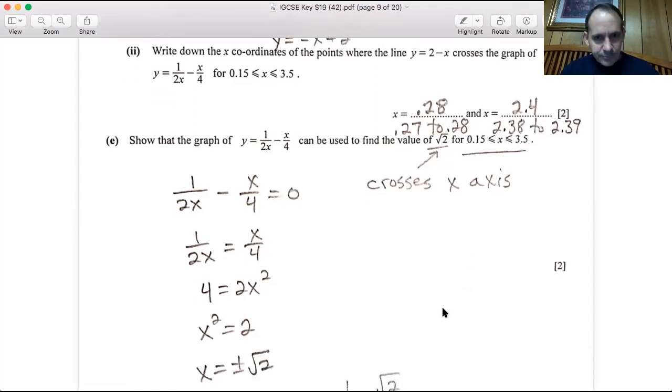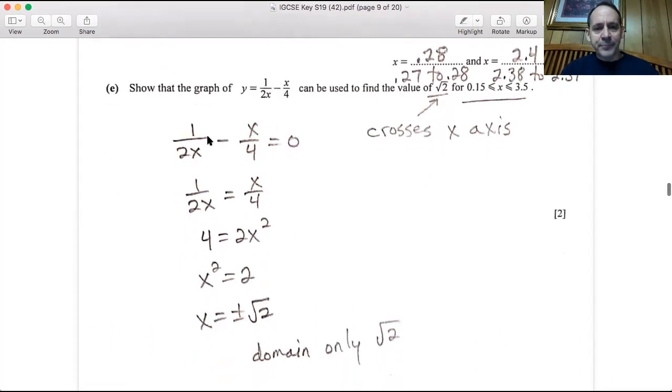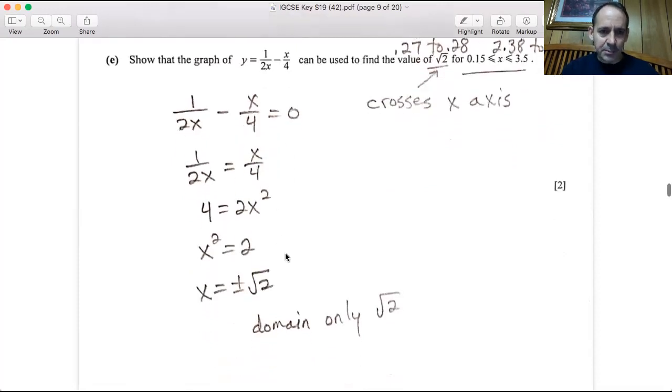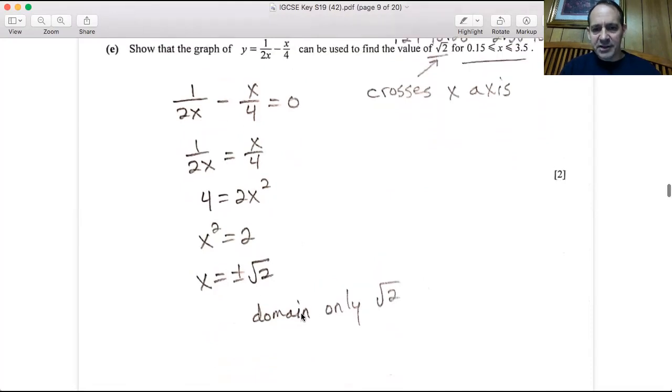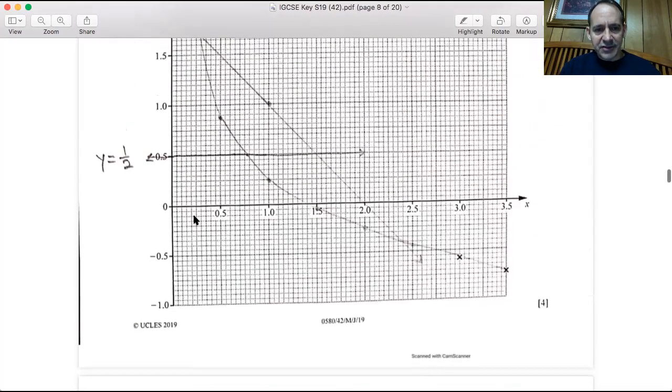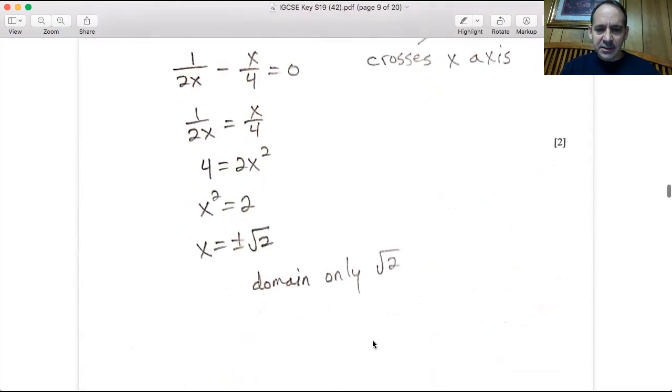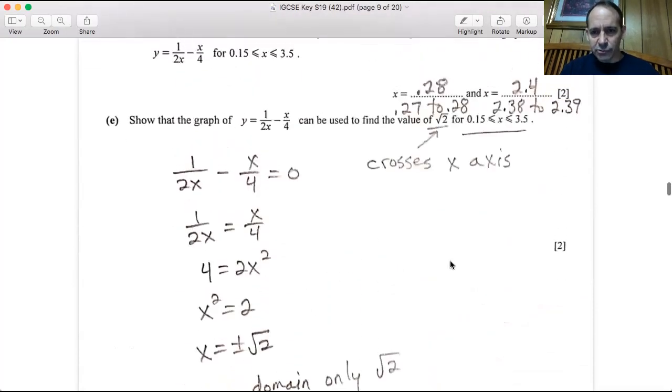But if you solve where this crosses the x-axis, meaning you solve where it's equal to 0, and you add the x over 4 to the other side, you cross multiply, and you solve for x, you do see that x comes out to be plus or minus root 2. And since the domain in our case is in the positive direction, then you only get the root 2.